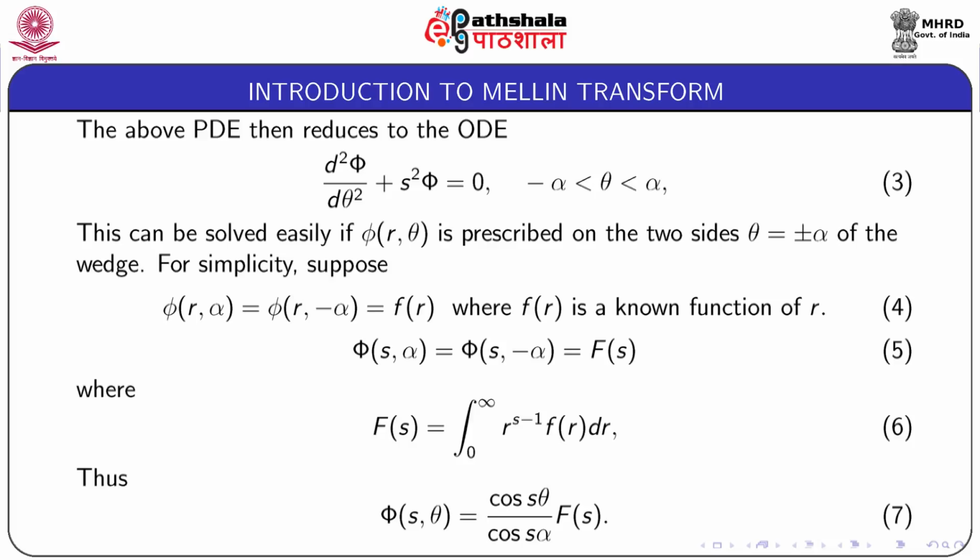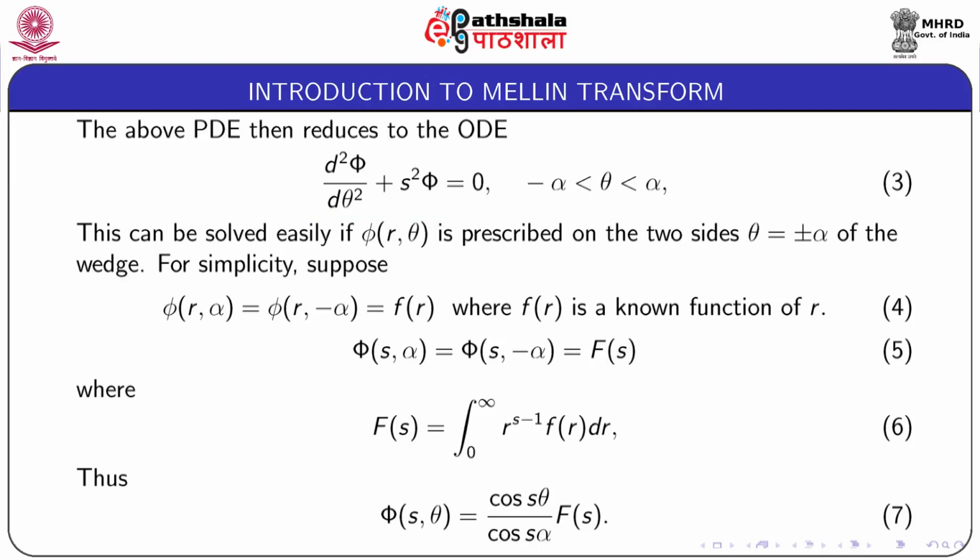So, with this simplification, the given partial differential equation 1 reduces to the ordinary differential equation d2 capital phi d theta 2 plus s square capital phi equal to 0, where theta lies in the interval minus alpha to plus alpha as given in equation 3.